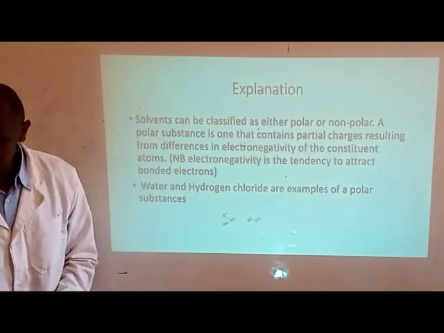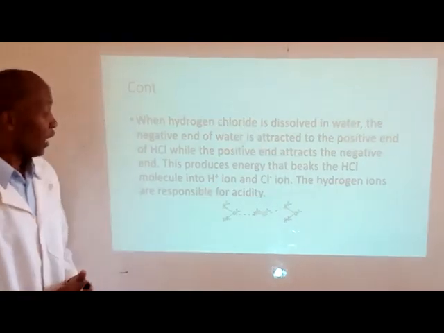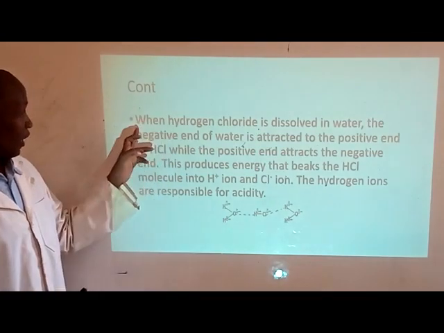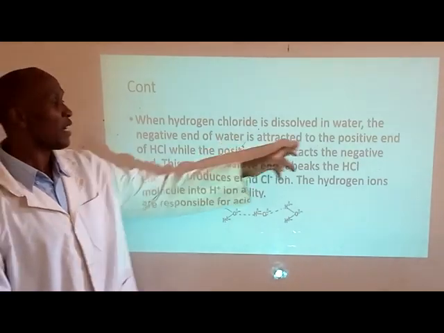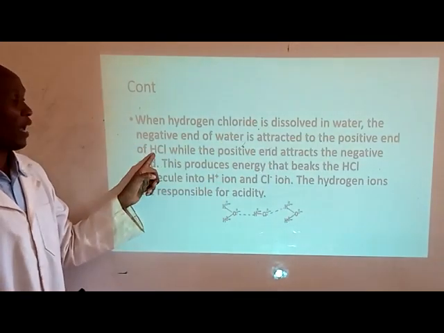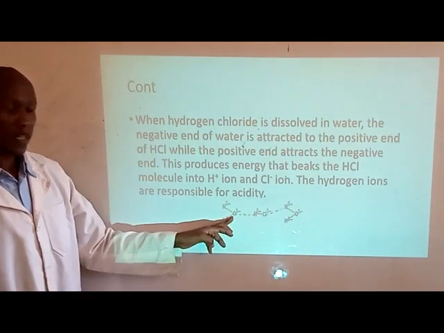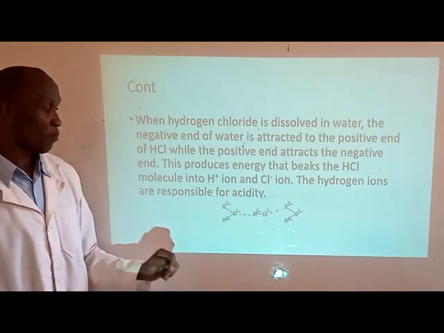So what will therefore happen when you put hydrogen chloride in a polar solvent? When hydrogen chloride is dissolved in water, the negative end of the water is attracted to the positive end of the hydrogen chloride. In that case, the hydrogen is attracted to the oxygen. Because this is negative, that is positive.